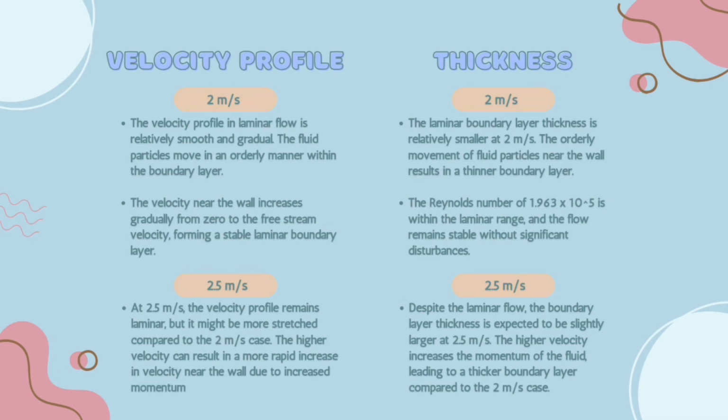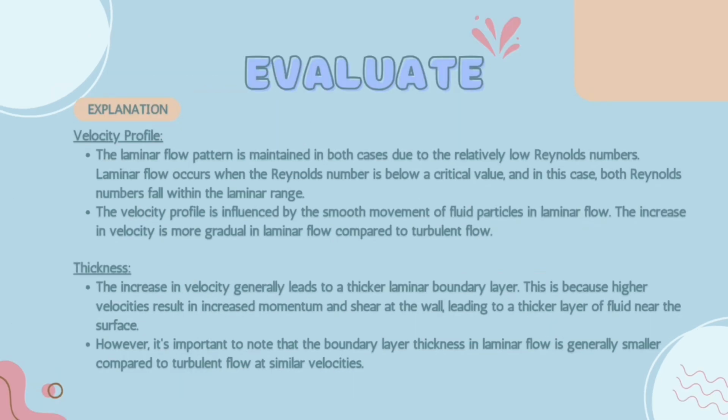For 2.5 meter per second, despite the laminar flow, the boundary layer thickness is expected to be slightly larger. The higher velocity increases the momentum of the fluid, leading to a thicker boundary layer compared to 2 meter per second. This phenomenon can be explained in a simple form.